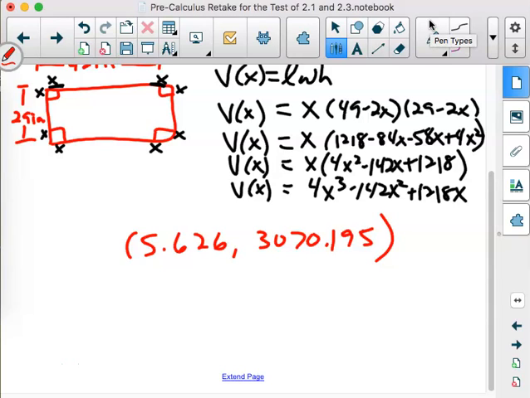So I was just going to write a sentence about it, and that's what we would normally do if it wasn't multiple choice. And that would be that the cuts should be made 5.626 inches to provide the maximum volume of 3070.195 cubic inches of space. So there it is. And that was the test.